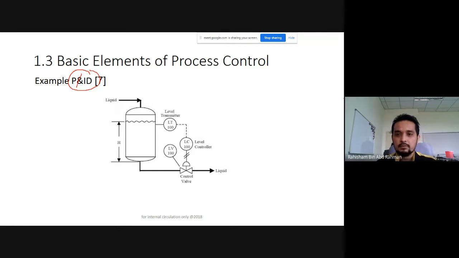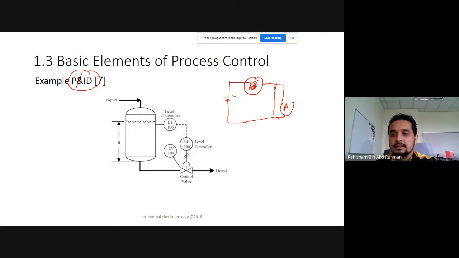If we look at an electric circuit, we have a circuit here, for example a battery, and then an ammeter, and a voltmeter, and you can measure anything. We know this one is the voltmeter, and this one is the ammeter.